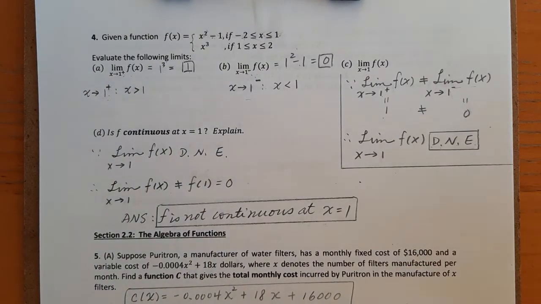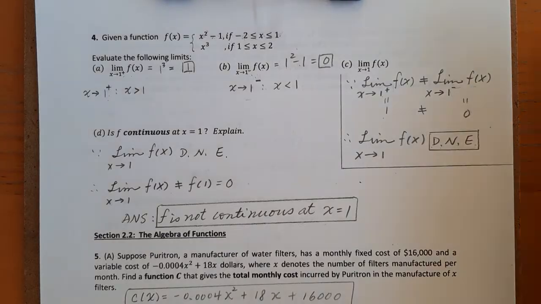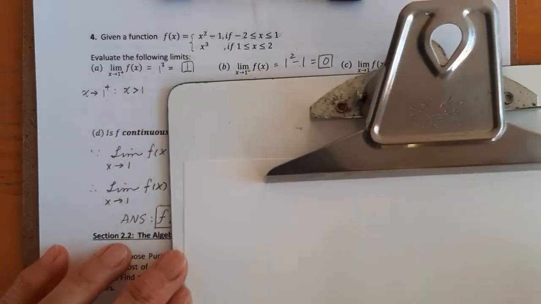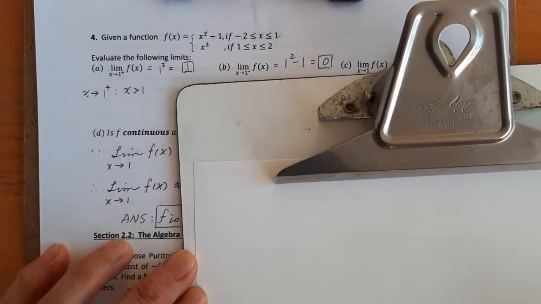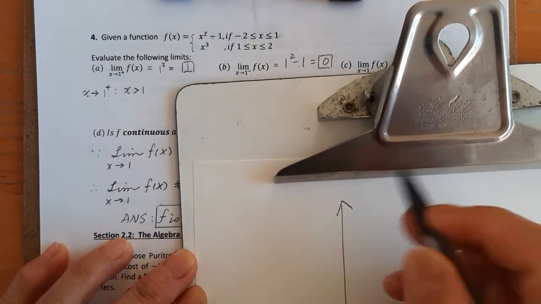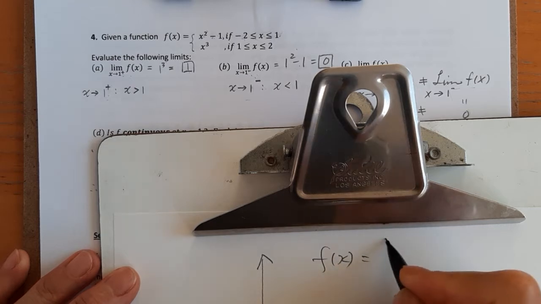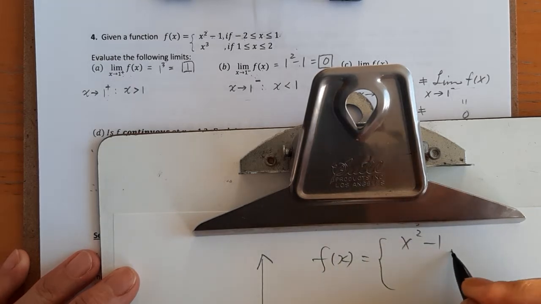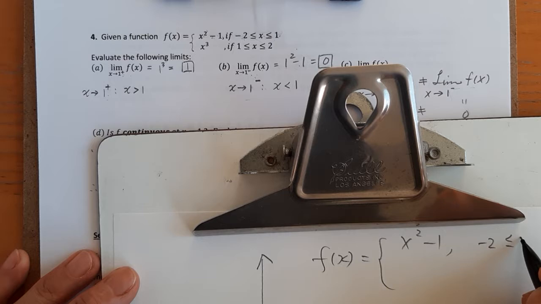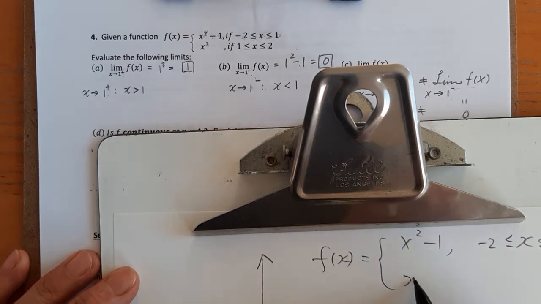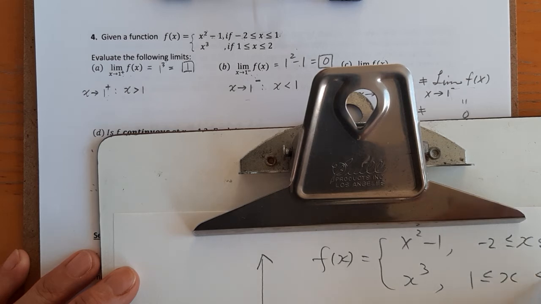You can also use the graph to help you check, and draw the graph. So this one has two functions: one is f of x equals x squared minus 1 for x from -2 to 1, and another one is x cubed for x between 1 and 2.